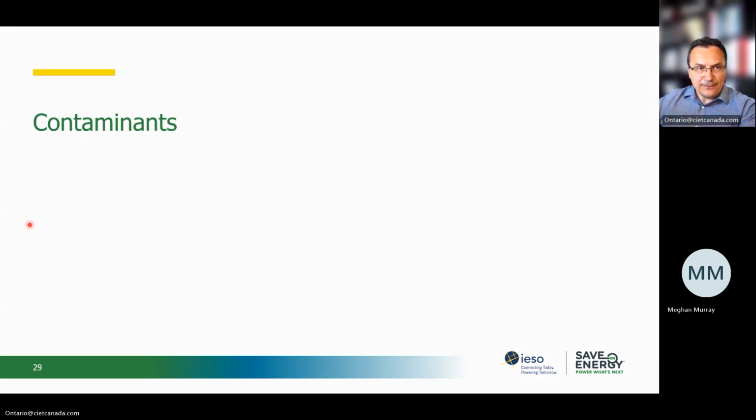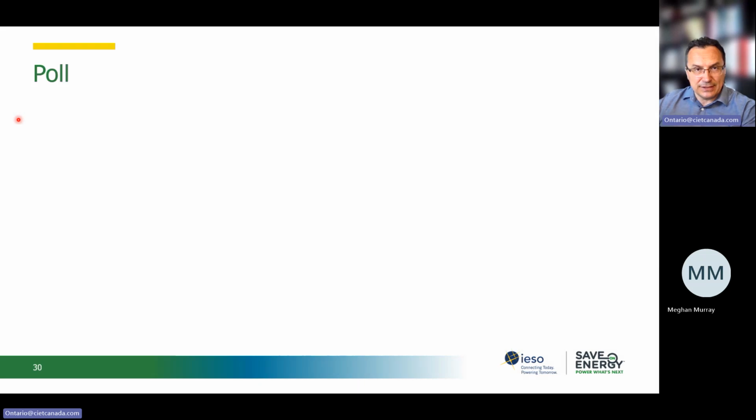So we talked about indoor air quality, that is, controlling pollutants and contaminants. Let's see what we mean by these contaminants. So I'll get to the second poll question.